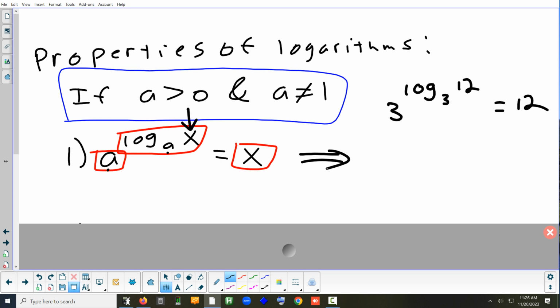What's the first thing you write down? Log. So put the word log. What's going to be the base on my logarithm? Does it come from box 1, box 2, or box 3? Box 1. Box 1 is going to be the base. Yep. Box 1 is your base, so that's going to be my base.